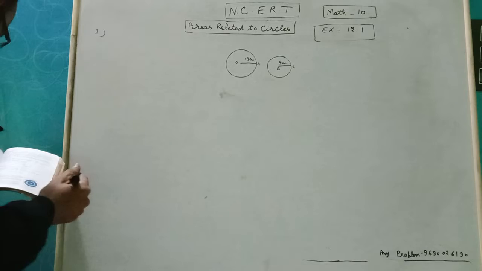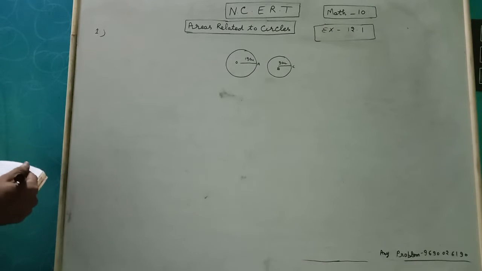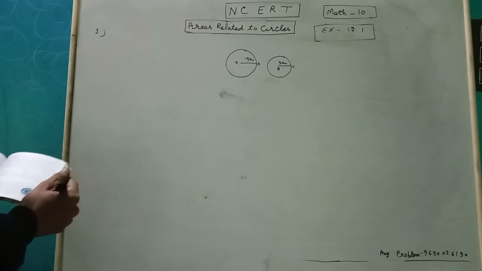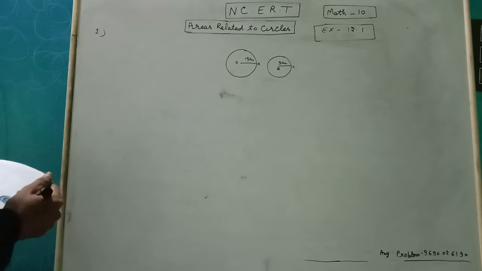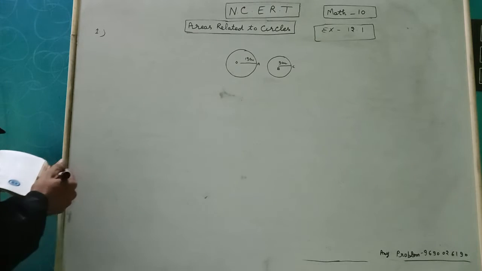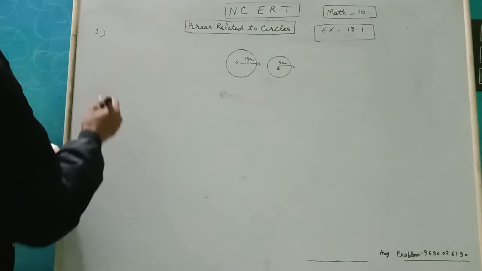Find the radius of another circle whose circumference is equal to the sum of the circumferences of the given two circles.